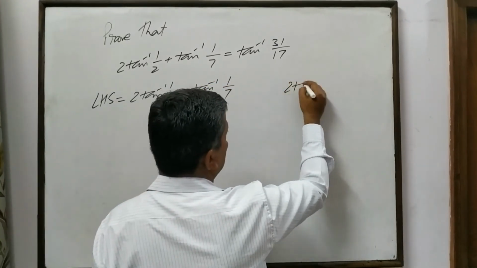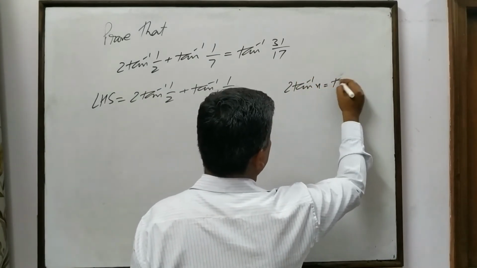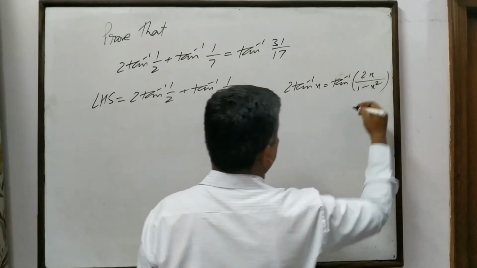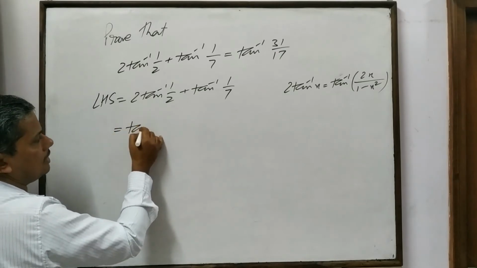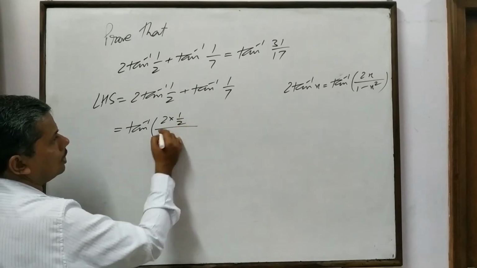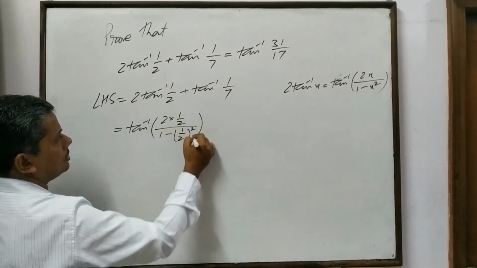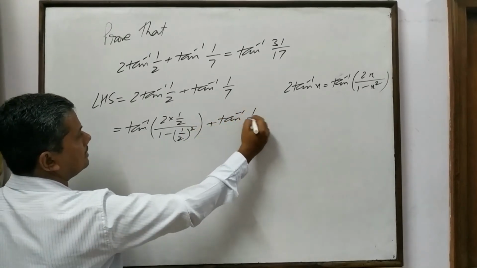Now we have a formula: 2 tan inverse x is equal to tan inverse 2x upon 1 minus x square. Using that, this is tan inverse 2 into 1 by 2 upon 1 minus 1 by 2 the whole square, plus tan inverse 1 upon 7 as it is.